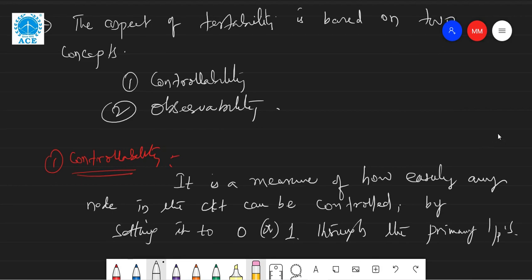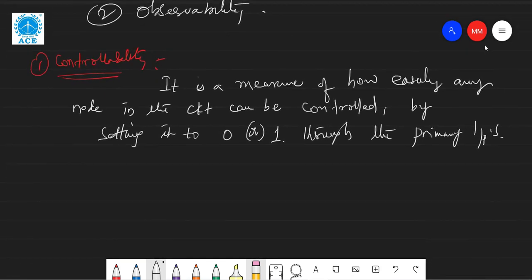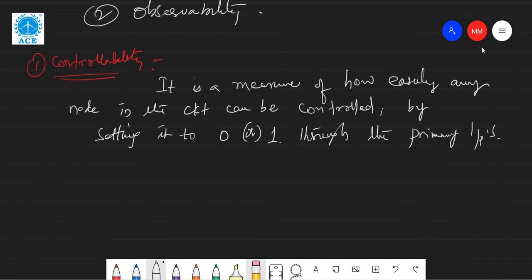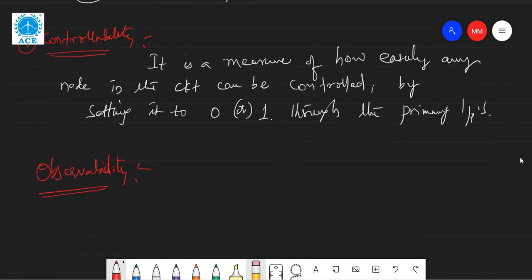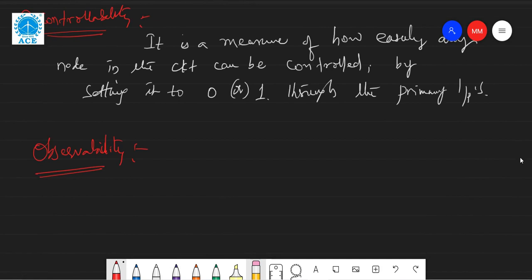I will show what the primary inputs are, the basic inputs which we are giving. So next is observability. Observability discusses the state, present and next state.